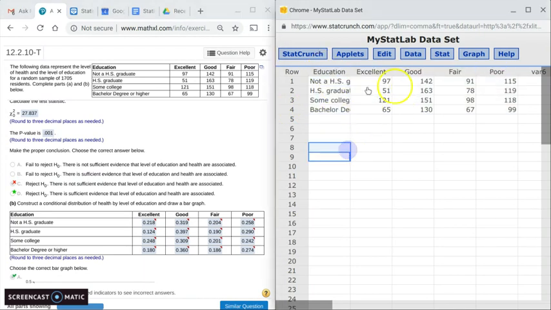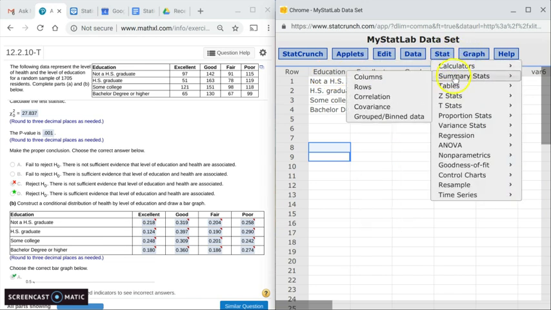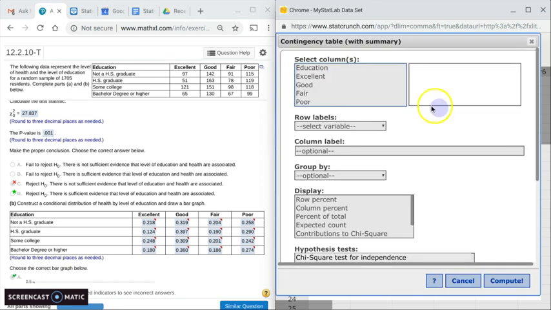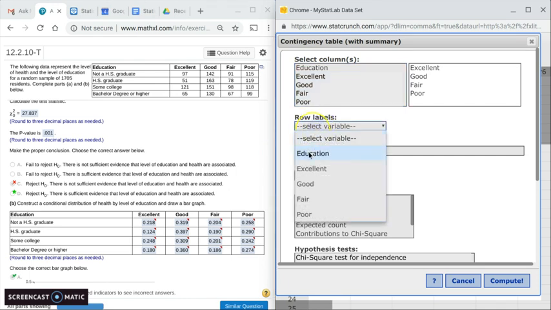So the way this works is you go to Stat, Tables, Contingency Tables. Here we have a summary of all the counts, and we want to select the columns. So on our columns, we have the health grades, excellent all the way to poor. And the row labels are just education levels.